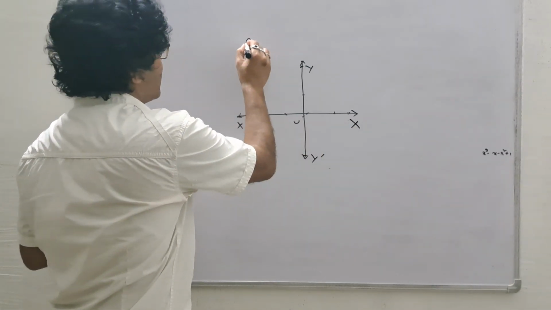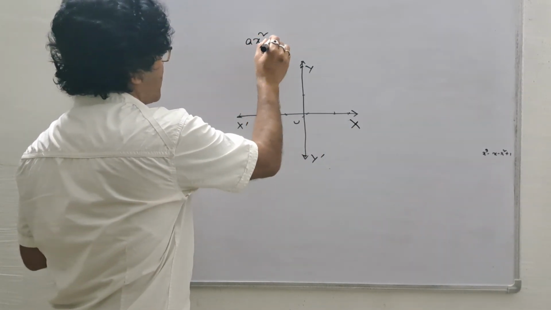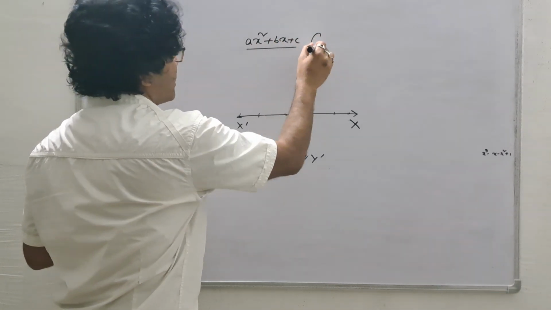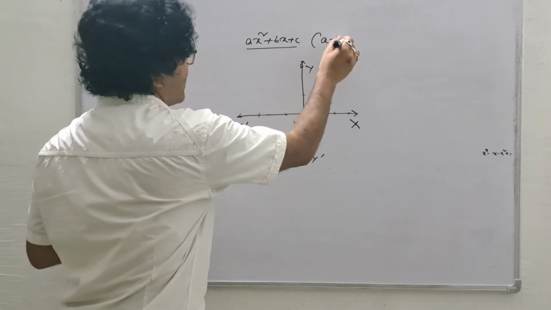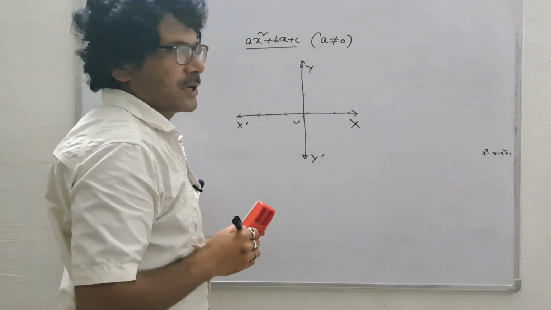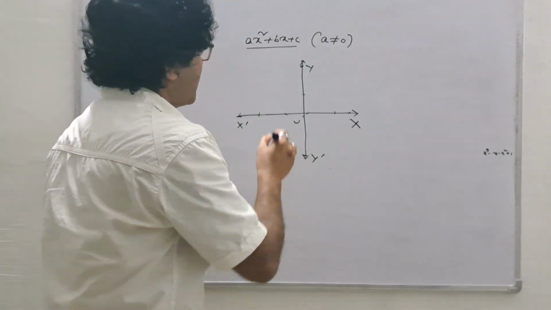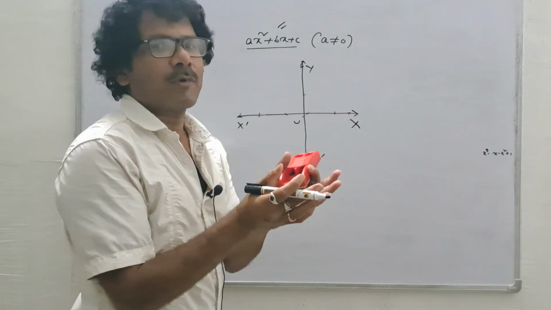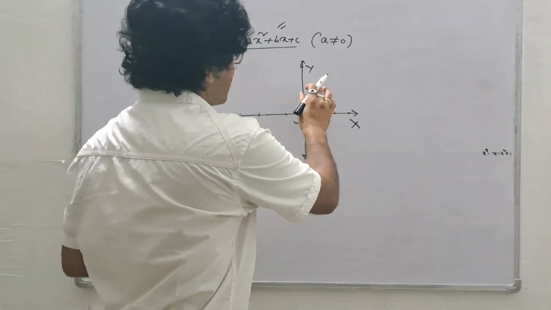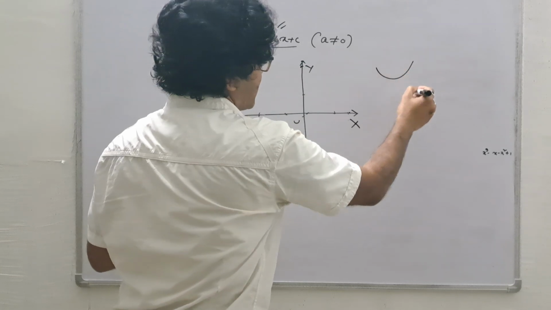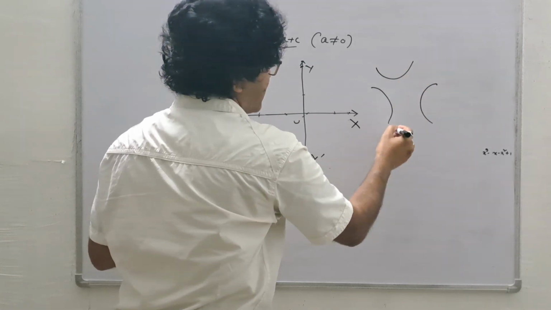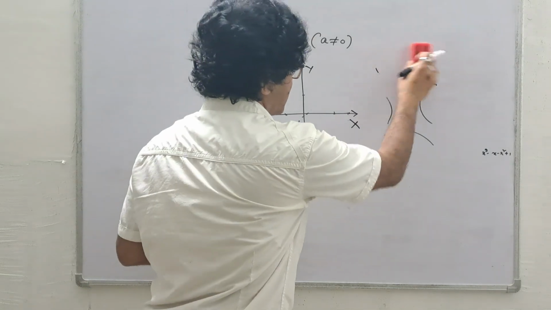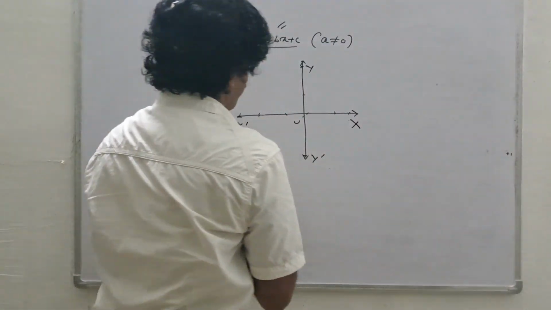Now you see ax squared plus bx plus c, it is a quadratic polynomial, standard quadratic polynomial. And the graph of the polynomial is always a parabola. Parabola shape is this. These are parabolas.